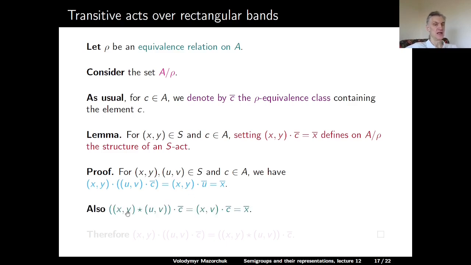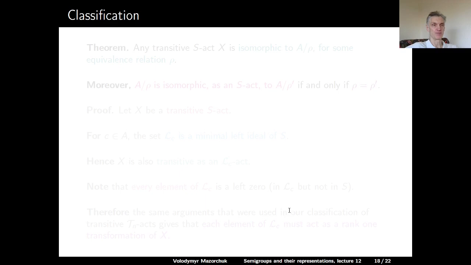On the other hand, (x, y) times (u, v) is equal to (x, v). So if we act by (x, v) on C overlined, we get x overlined. So we see that we have the same thing, so the axiom is satisfied, and this proves our lemma.